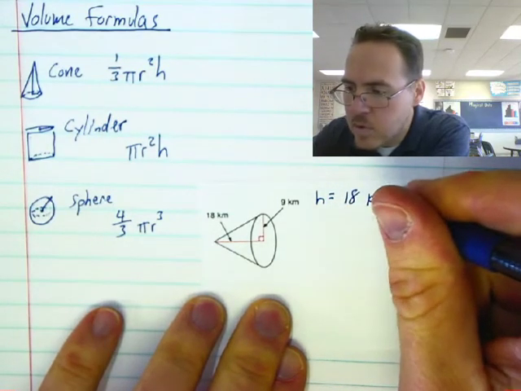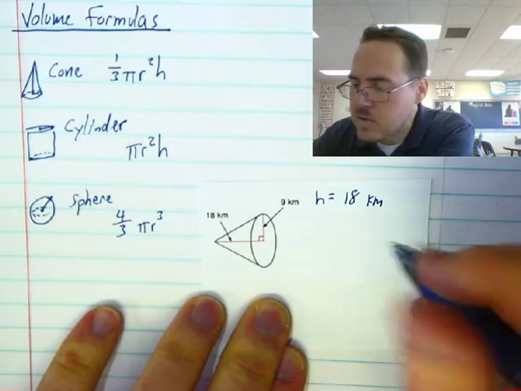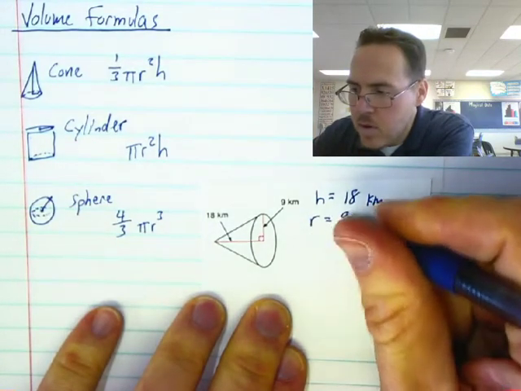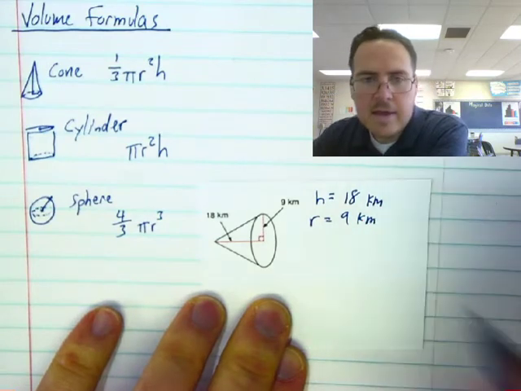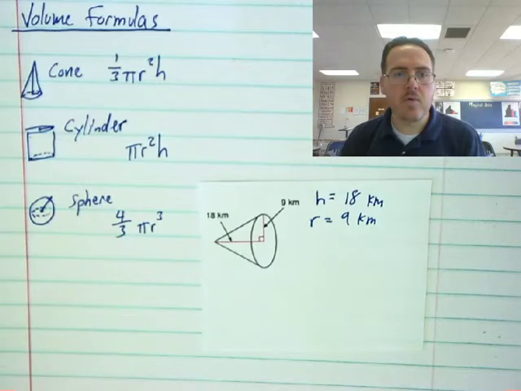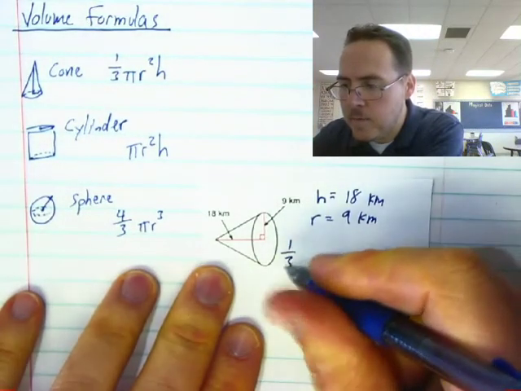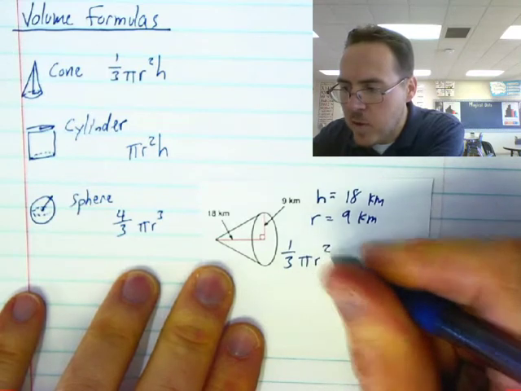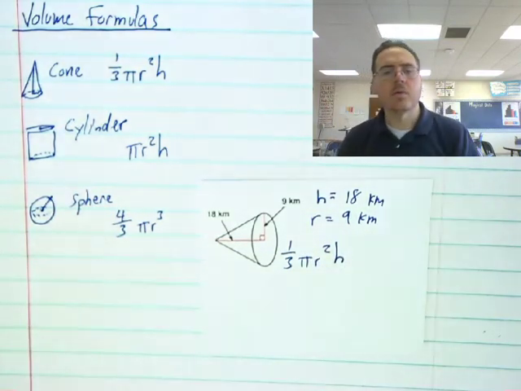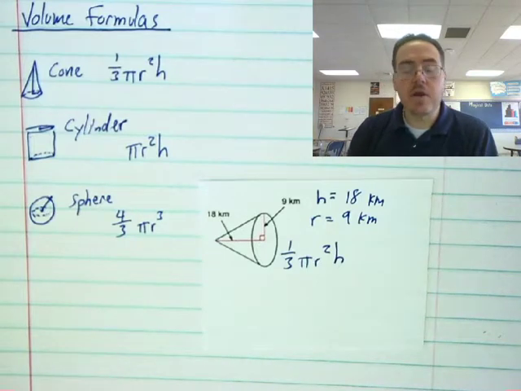Wow, that's a big cone. And the radius is 9 kilometers. Okay. So if we want the volume, we need to write down the formula, which is 1/3 pi r squared times the height. And now we'll just replace the variables with the numbers we know.